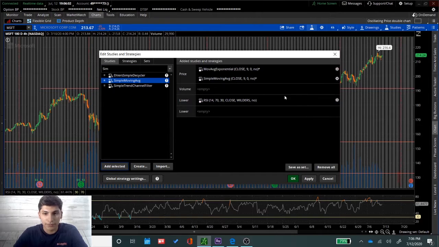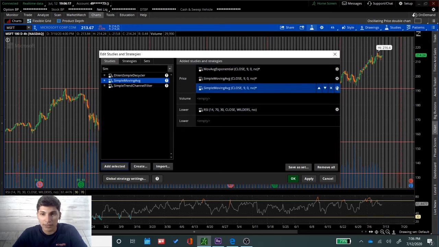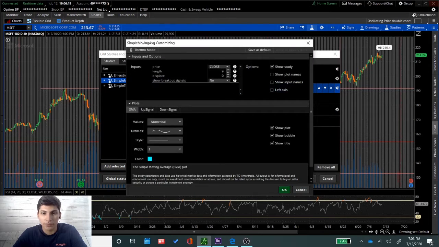Alright, now, this looks kind of confusing, but what it means is the average of 9 days. So that's fine. That's the most common, 9 days. And then we're going to go ahead and add again. Go to settings. And 50 days.